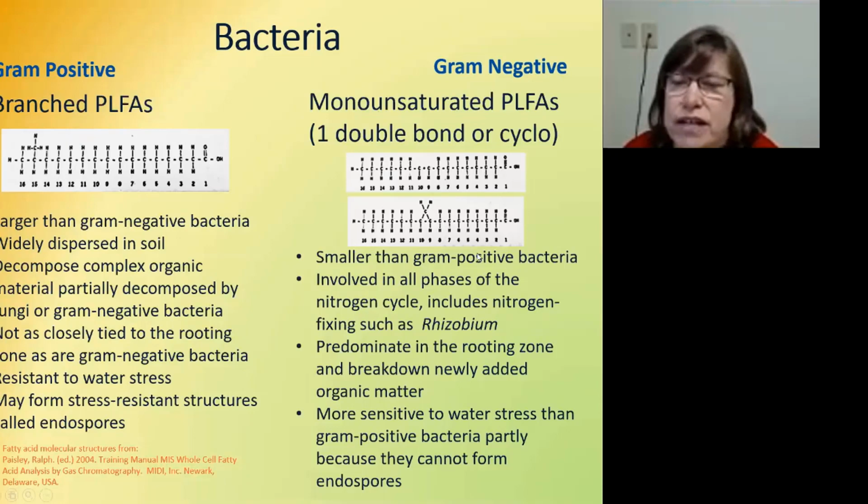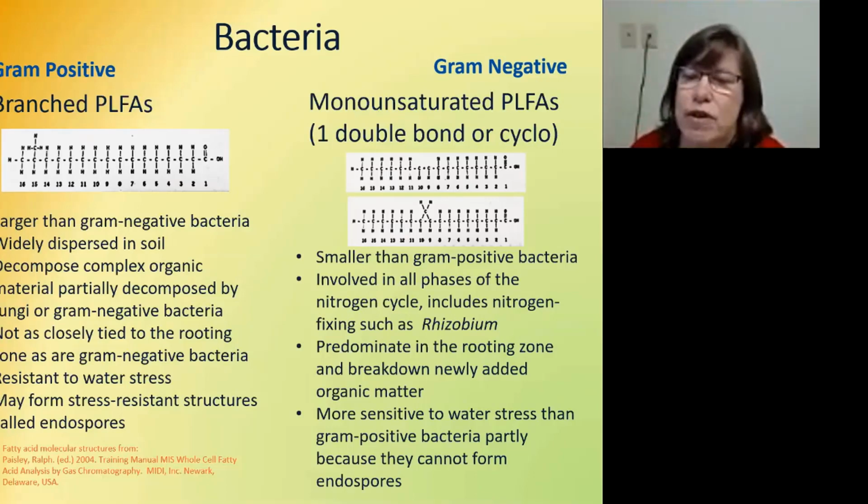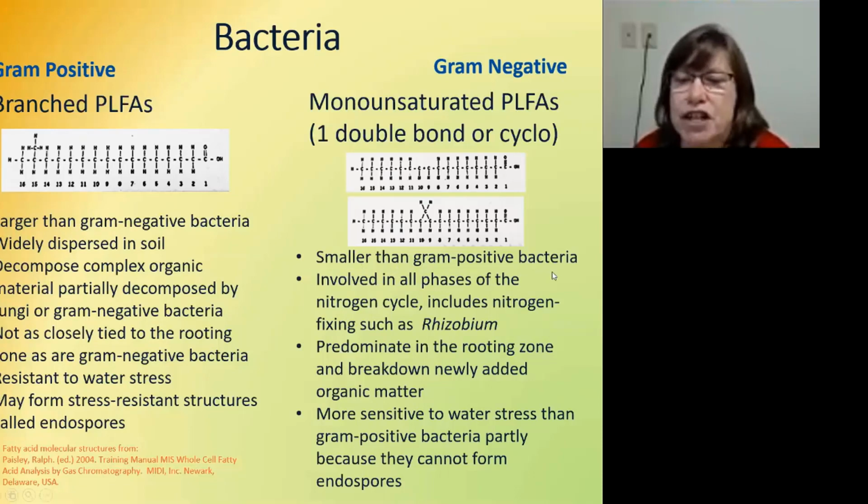There's some evidence that when microbes are stressed, they form these cyclic bonds, the 3-carbon cycles. But there may be organisms that just in general have the 3-carbon. So this is another thing you can look at. I'll talk about it a little bit later, but it's one of those that you may need to take with a grain of salt. So gram-negatives are smaller than gram-positive bacteria.